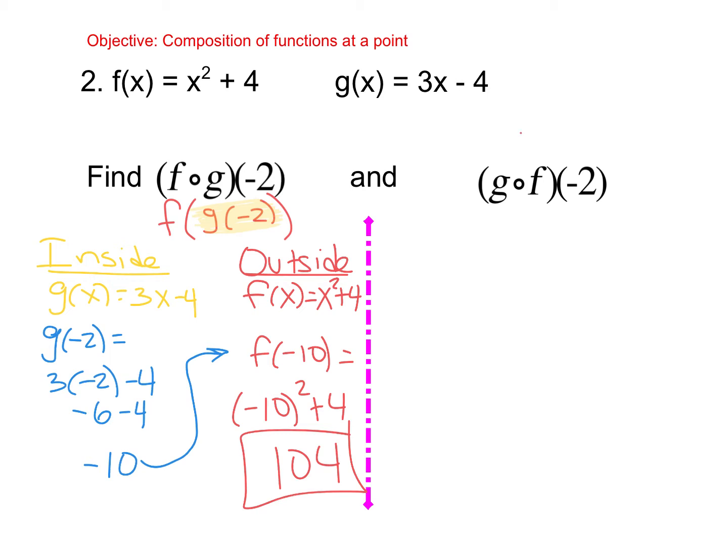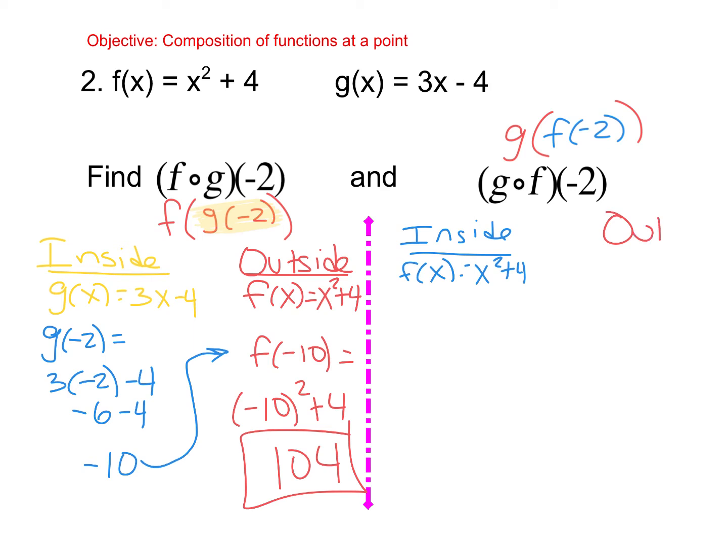So this one, g of f of negative 2. So our inside is f. Our outside is g.